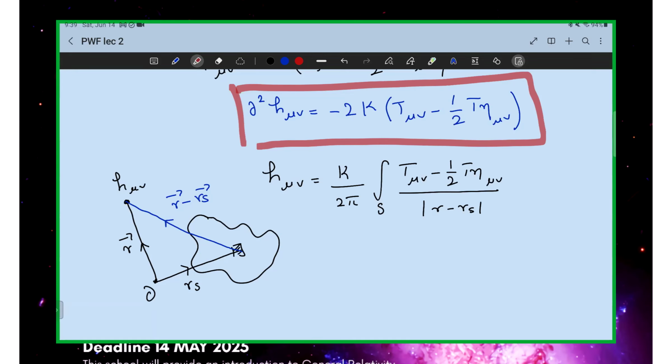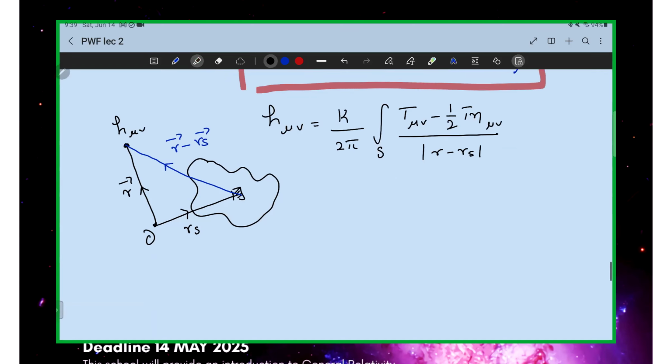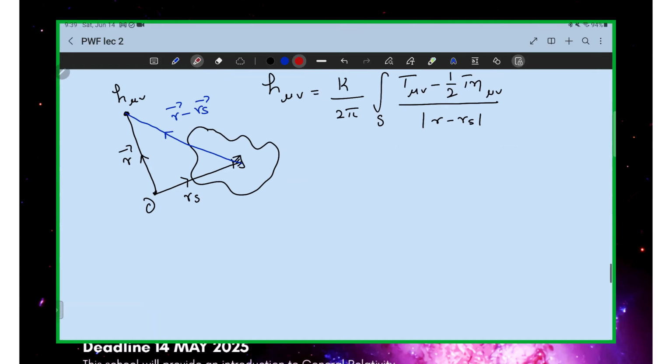Okay, in that limit, let me write it down. So stationary limit pretty much means that T naught naught. Now, if you remember from last lecture, T naught naught is energy density, right?